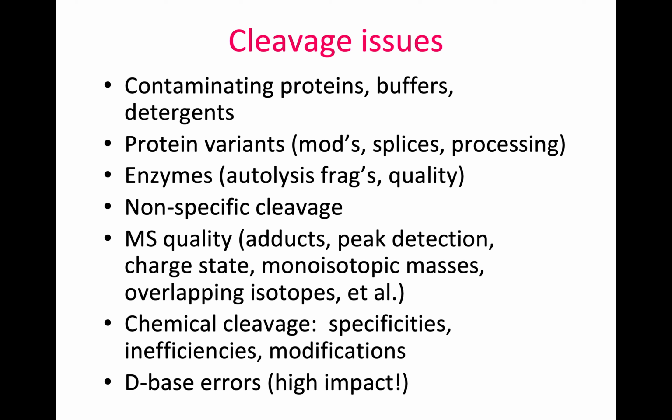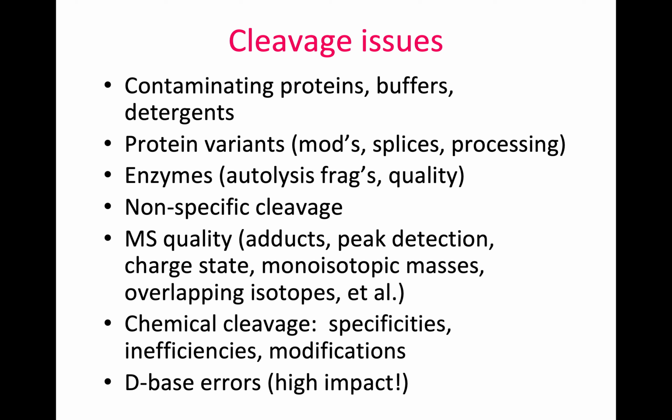So cleavage is, as the name says, you just digest, but it's not as easily digested as in DNA or RNA digestion. There are certain issues that people encounter, even I did. One of them is contaminating proteins or buffers or deletion, because you may think that you have a cleaved or digested protein, but it's not, and when you run the gel, you can see that some of the proteins are still visible at a higher molecular weight.